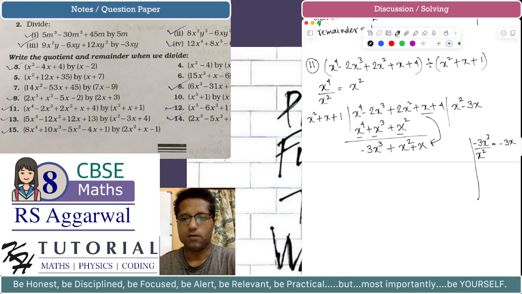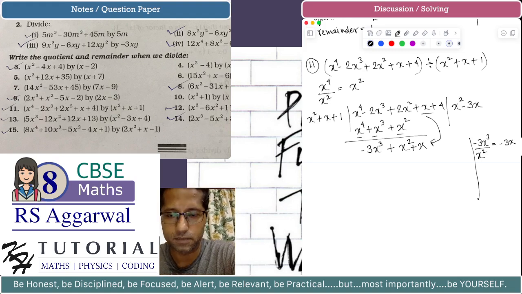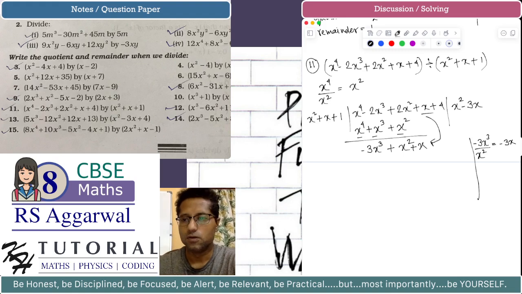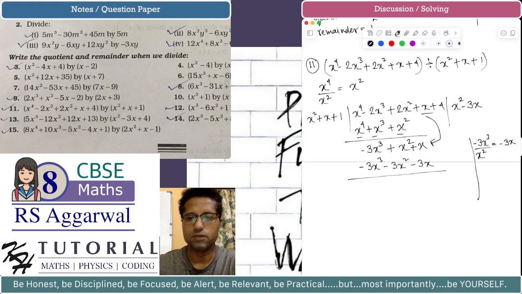Okay. Now we have to find the product of minus 3x and the divisor and subtract that from the dividend. So minus 3x multiplied by the divisor becomes minus 3x cube minus 3x square minus 3x. If we do the subtraction, the sign changes.